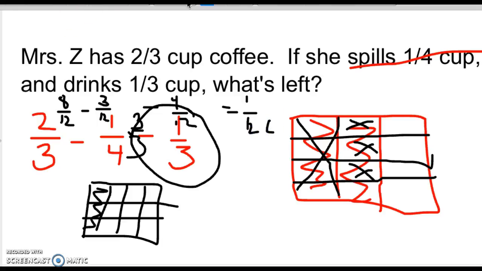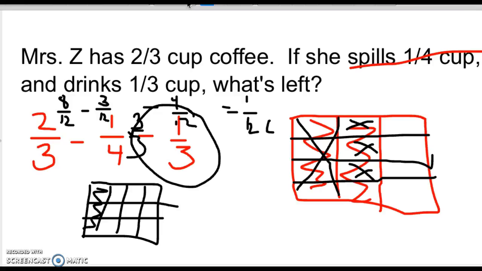Okay, so what would my explanation sound like? I might say, well, I started with 2/3 because that was all the coffee I had. Since I was spilling it and drinking it, I knew I had to take away 1/4 and 1/3. I couldn't take them away without a common unit or a common denominator, so I decided to turn my denominators all into 12 because I could turn thirds and fourths all into 12ths.